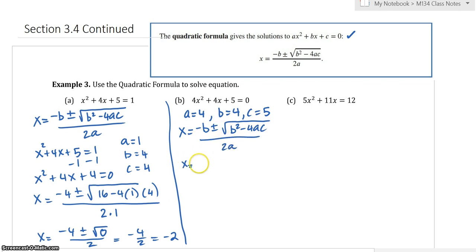Okay, so in this case, we have x is equal to negative 4. We still have that 16 like we had before. But now we have minus 4. A is also 4. And b is 5. All over 2 times 4. What do we get here?